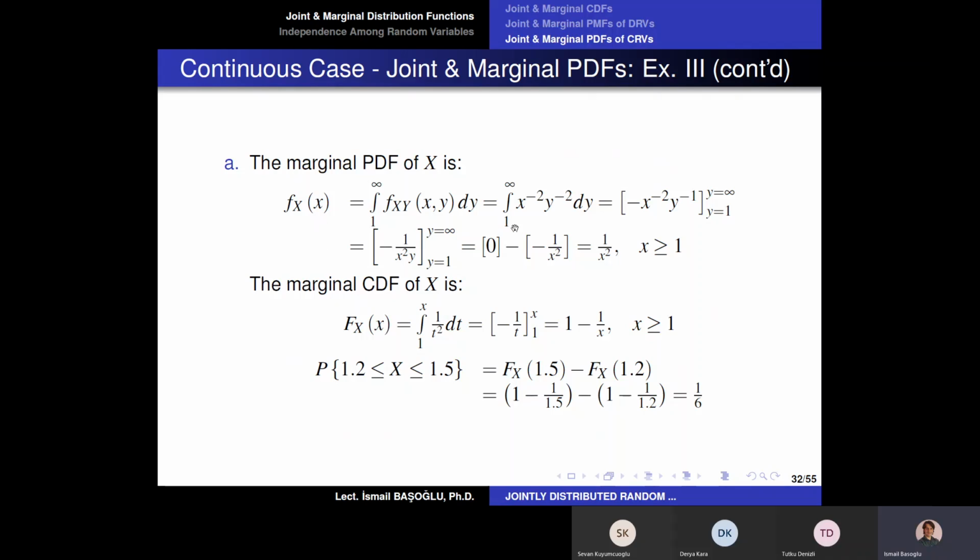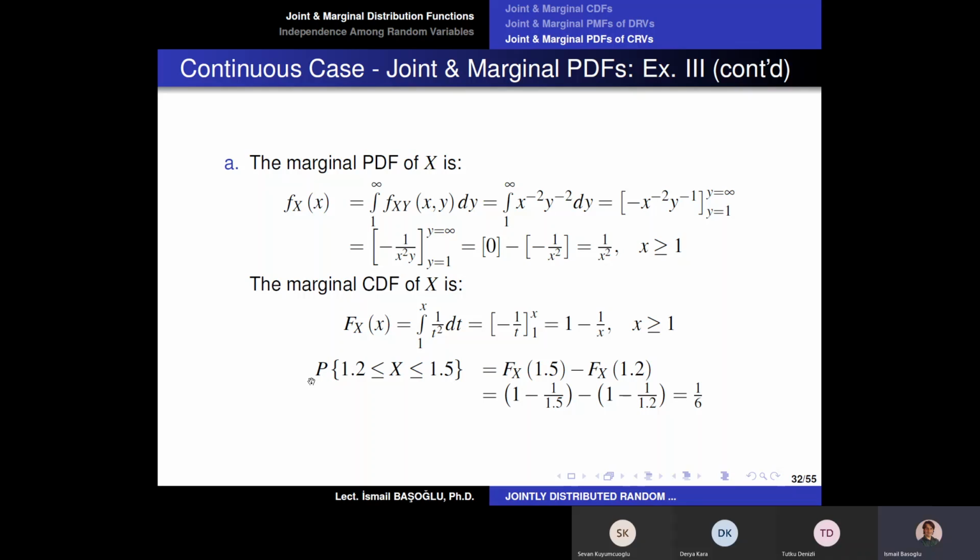And because the least possible value that X can take is 1, we are basically integrating the marginal PDF from 1 to x, however, by changing the integral variable to t. So instead of 1 over x squared, we have 1 over t squared dt, and that integral is going to be equal to 1 minus 1 over x. So this is the cumulative distribution function of the random variable X. So we have computed the marginal PDF and the marginal CDF for x.